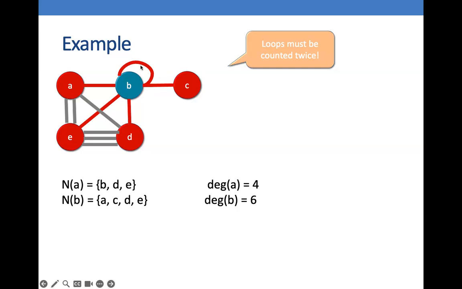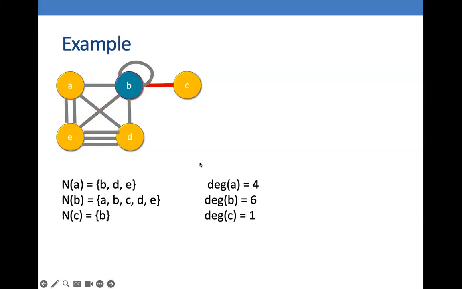So we have only 5 edges that are incident with B. However, we must note that loops must be counted twice. So we have to count this loop 2 times: 1, 2, 3, 4, 5, and 6. So we can then say that the degree of B is 6. And its neighborhood is A, C, D, and then E.